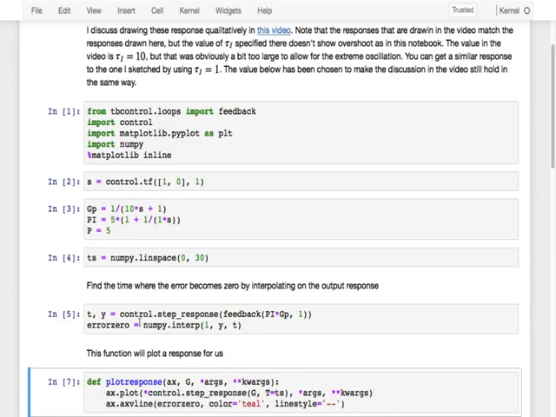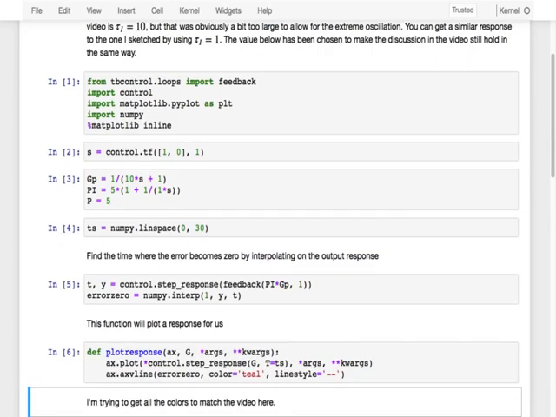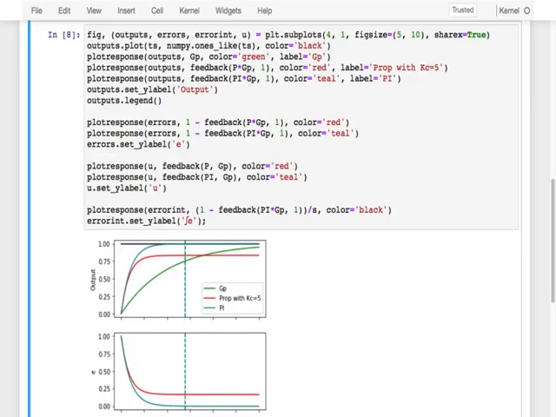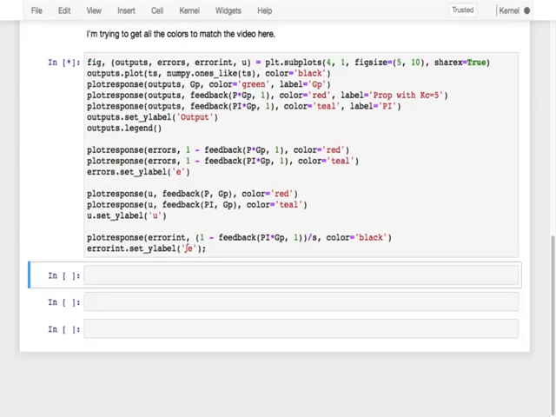One of the things that we did when I was sketching was reasoning through the point where the error became 0, and I'm finding the point where the error becomes 0 for this particular feedback loop in this way. I've just got a general plot response here, and I'm trying to match everything to the video.